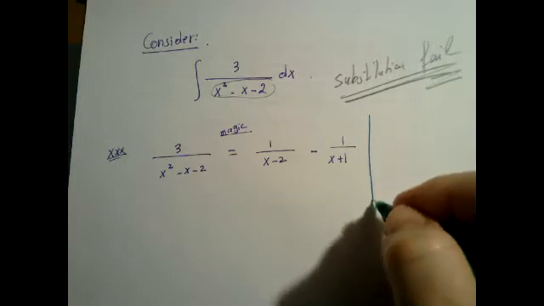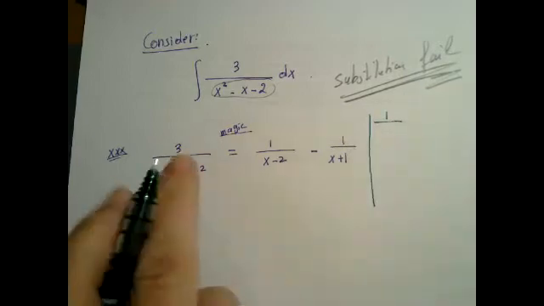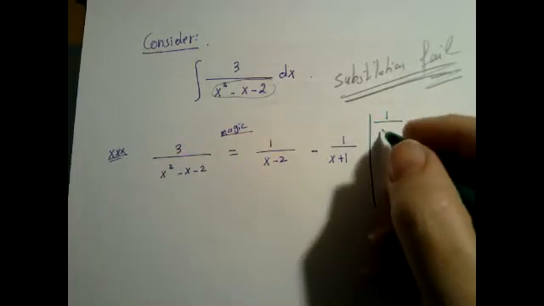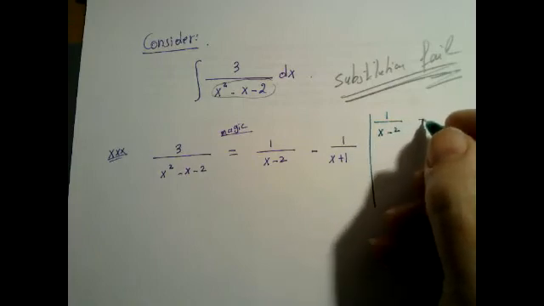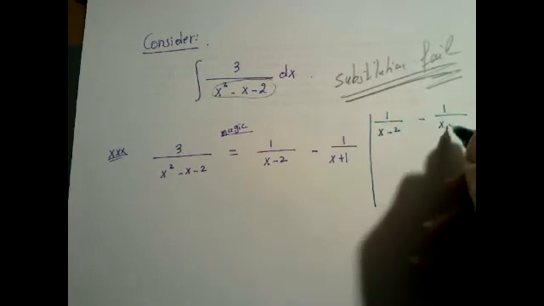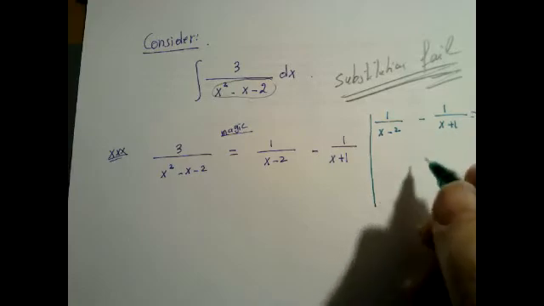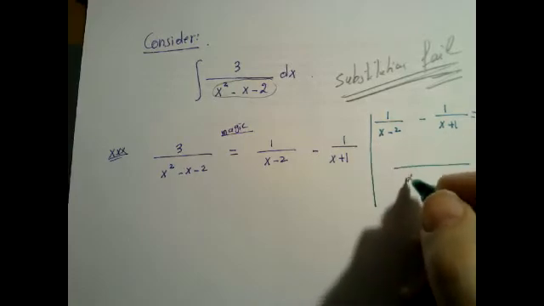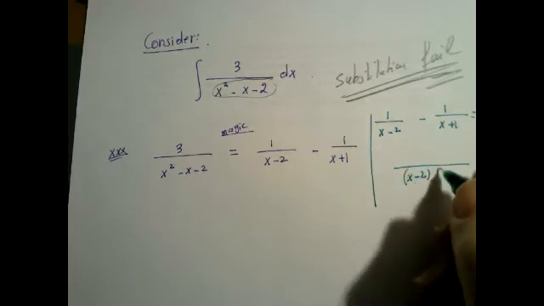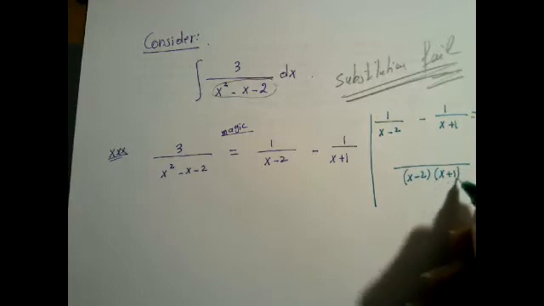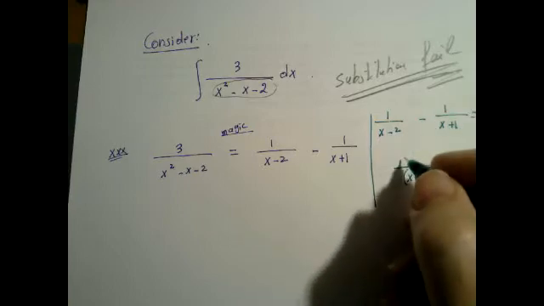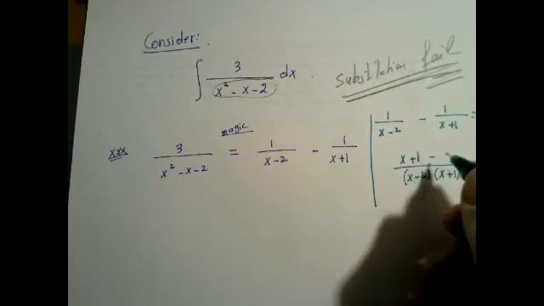So I'll show you, because you have to understand what this equality means. It means that if I take the expression on the right and find a common denominator, which is the product, this will be x minus 2 times x plus 1 minus x minus 2.